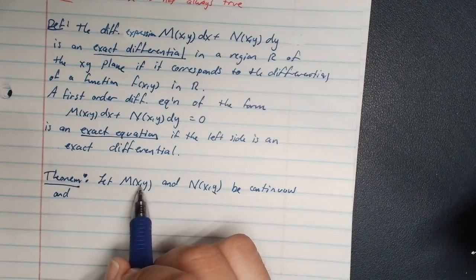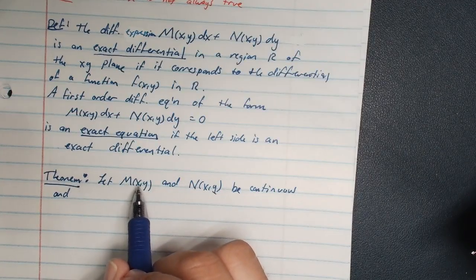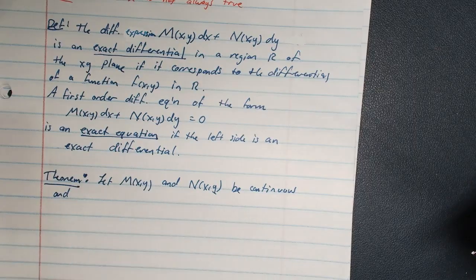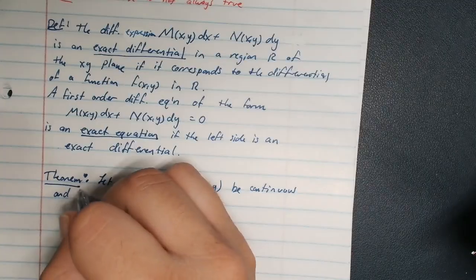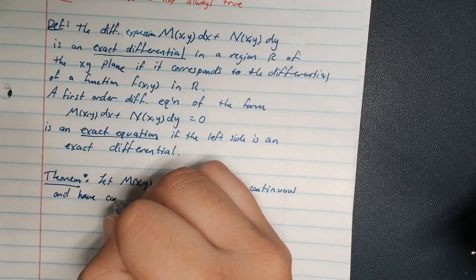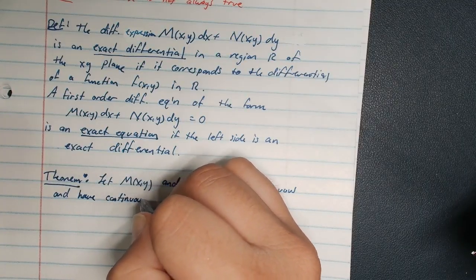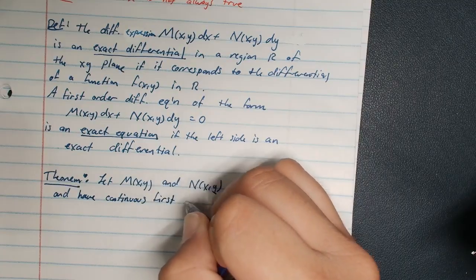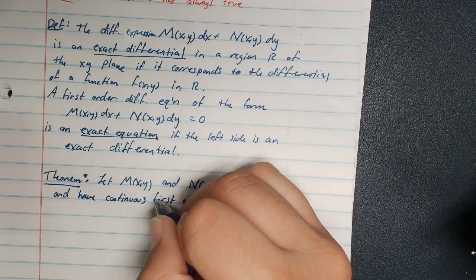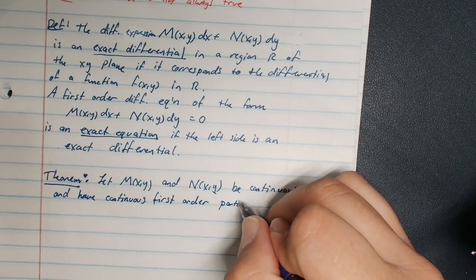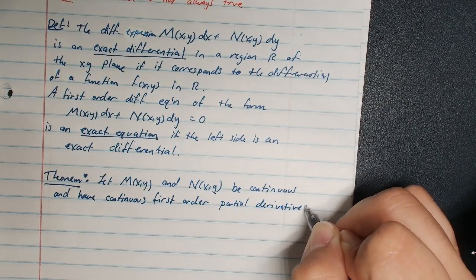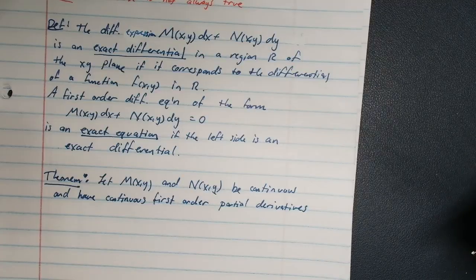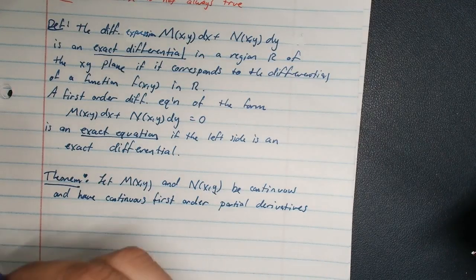So you can take the derivative with respect to x or with respect to y of either one, and everything will be continuous. At least as long as you're within some region R of the xy plane.